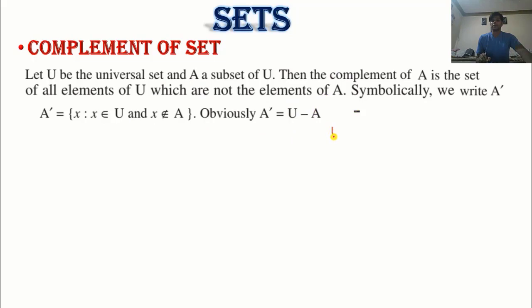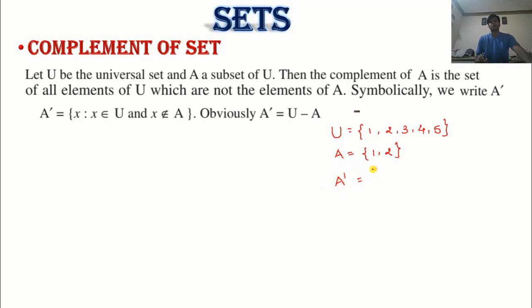Suppose we have the universal set U equal to 1, 2, 3, 4, 5, and a subset A of U as 1 and 2. Then the complement of A, that is A complement, can be denoted as A dash.